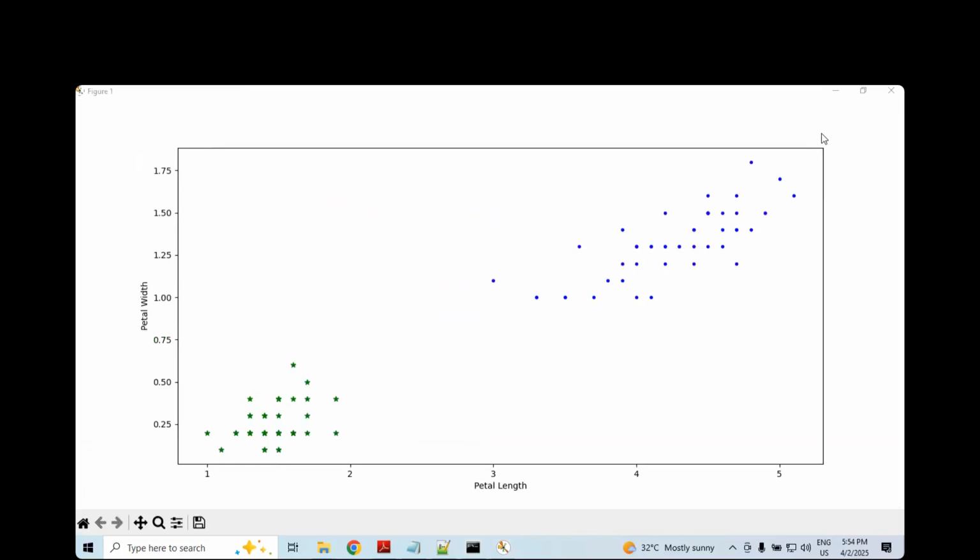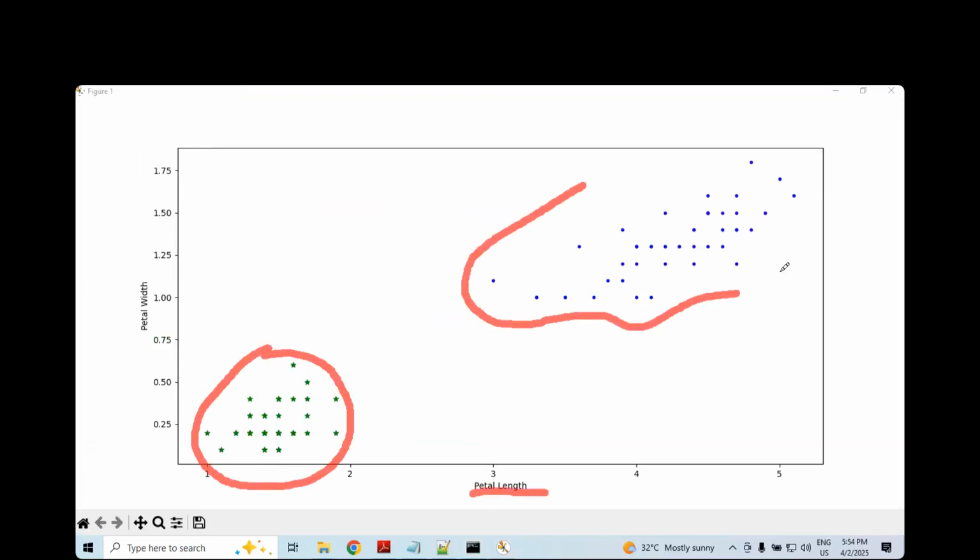For this type of flower, frankly speaking, when I'm talking about the petals, length and width will be very minimal. But for the other type of flower, length and width will be different. I'm talking about the petal. If you want, you can also plot sepal, then you will get a clear picture.